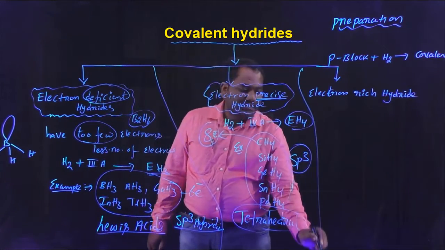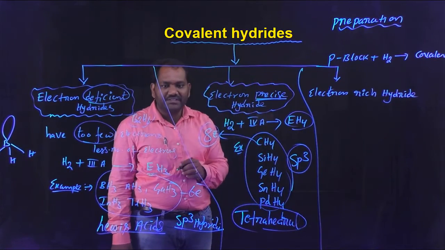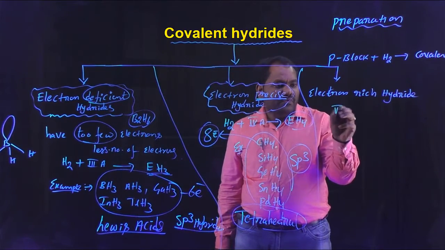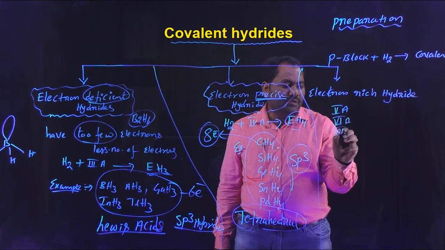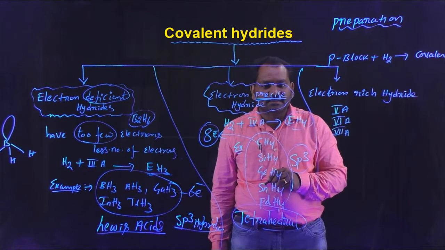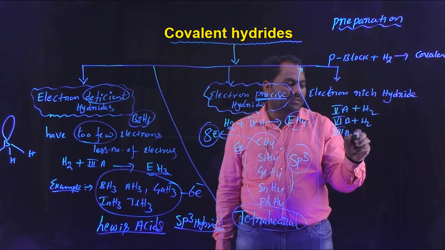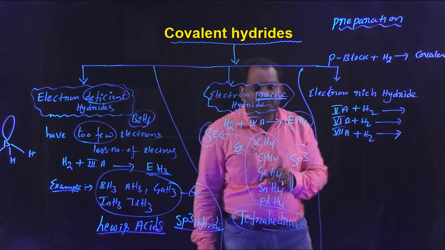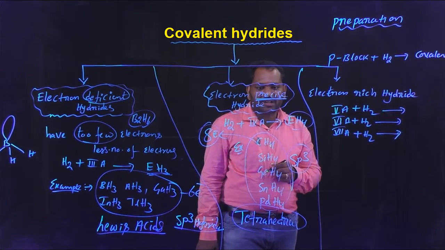Okay, and next one, we go for electron rich hydrides. The elements like 5th A, 6th A and 7th A group elements react with hydrogen to give electron rich hydrides.